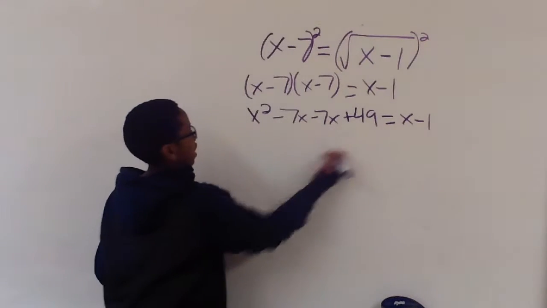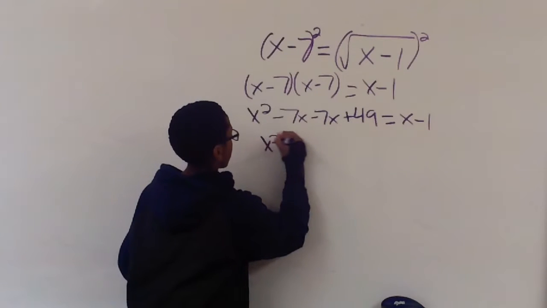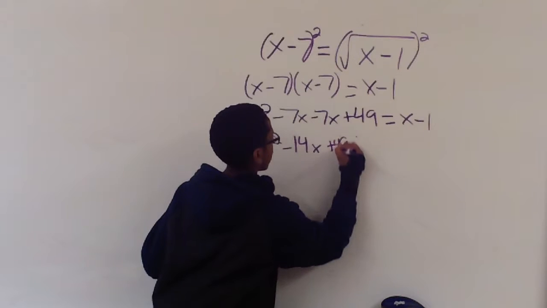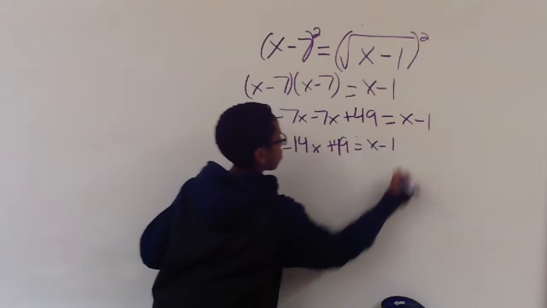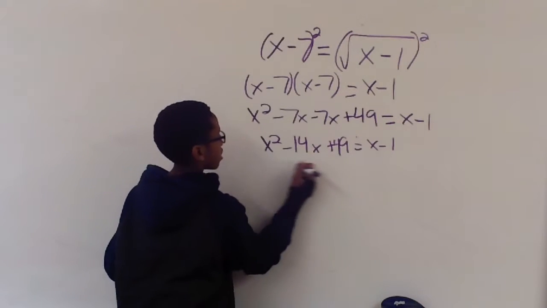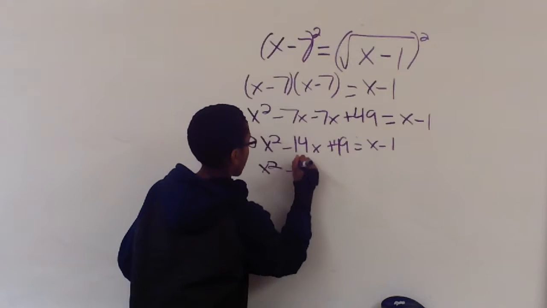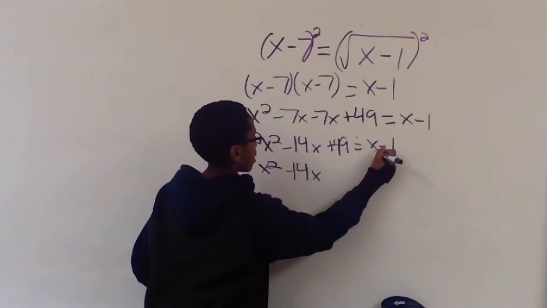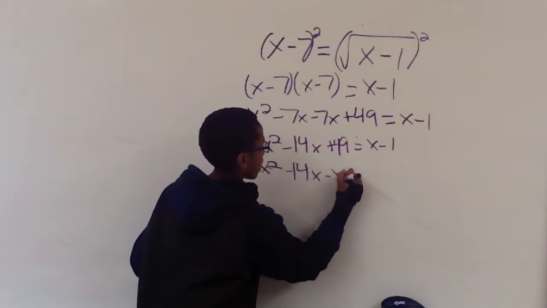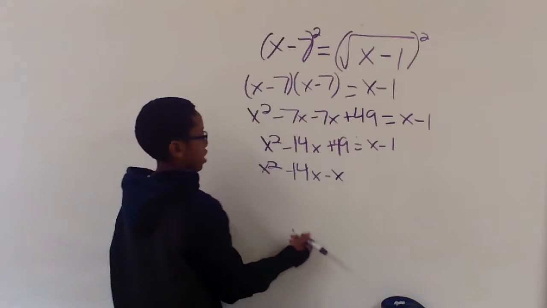Now you have to simplify this side of the equation. So it would be x squared minus 14x plus 49 equals x minus 1. Now we can bring these terms onto the other side. So we have x squared minus 14x, and when you bring the x over, it becomes minus x, because it was positive and now you're subtracting it on both sides.